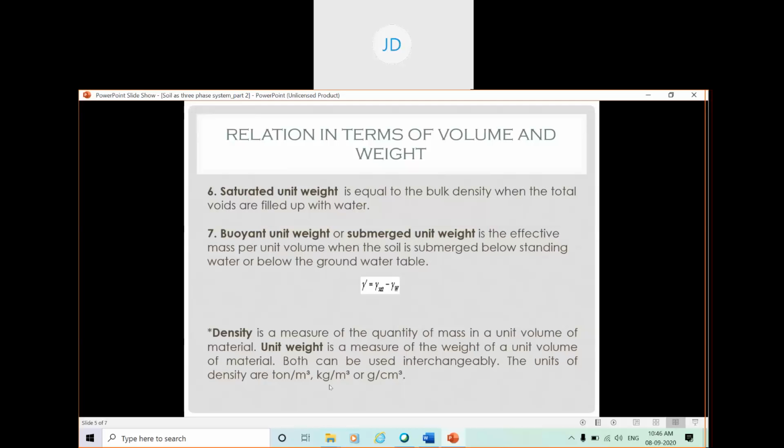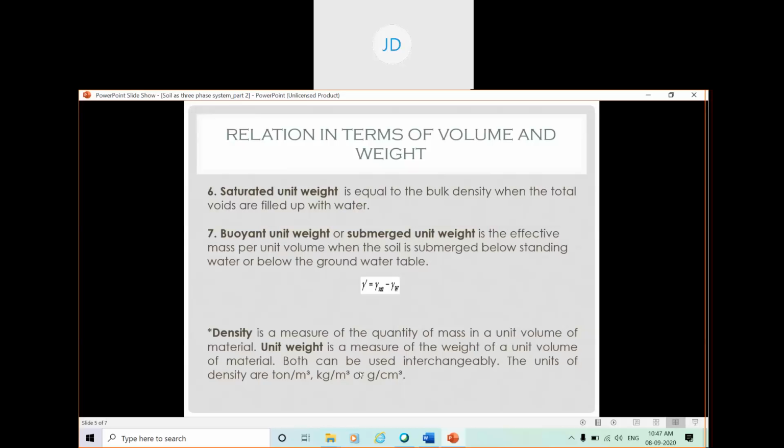Both are interchangeable, and one can be replaced by the other without harming the formula. Gamma equals rho g: gamma means unit weight of water, which equals the density of water multiplied by small g, the acceleration due to gravity. So gamma equals rho into g.